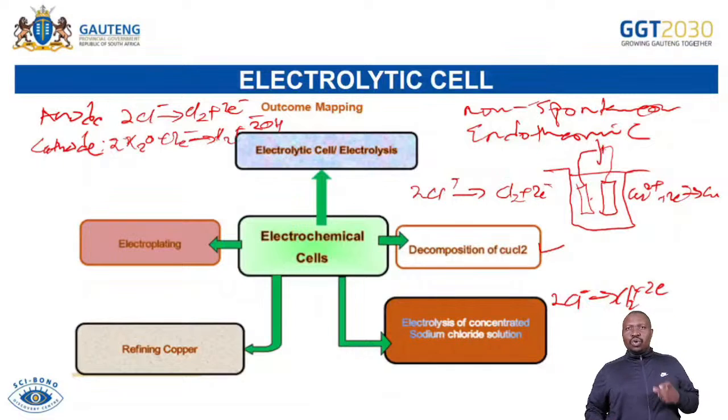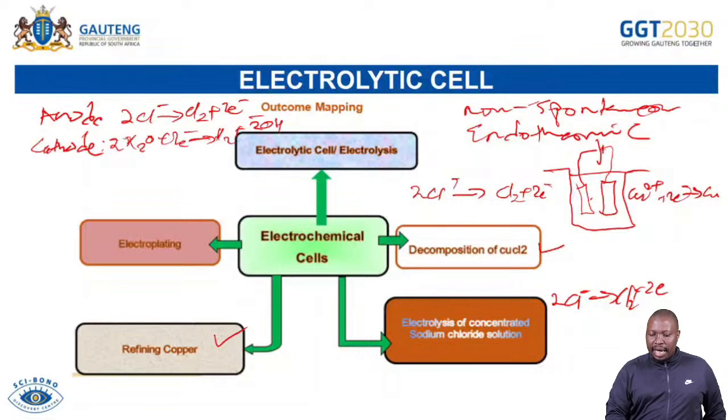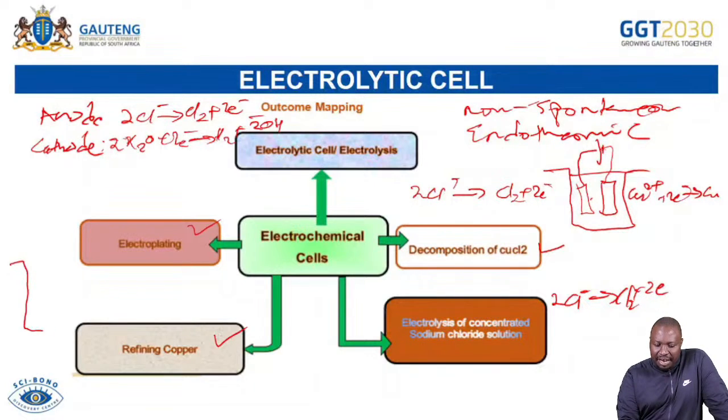And then the next two last reactions that you are doing under this topic will be your refining of copper and electroplating. What you have to understand is that under refining of copper, if you are refining copper, it means you have copper that is impure. On the anode, you have the impure one, and the pure one is on the cathode.